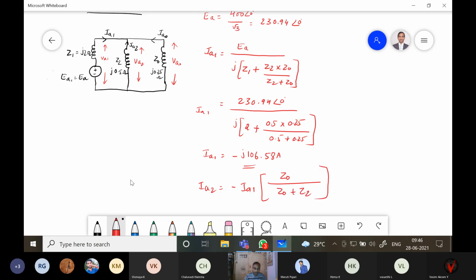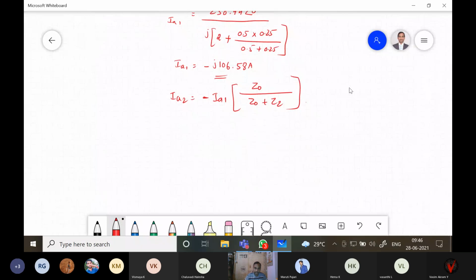This is the branch division rule. Is it clear how to take it? Anybody having confusion in the current division rule? You have already studied it in network analysis, right?